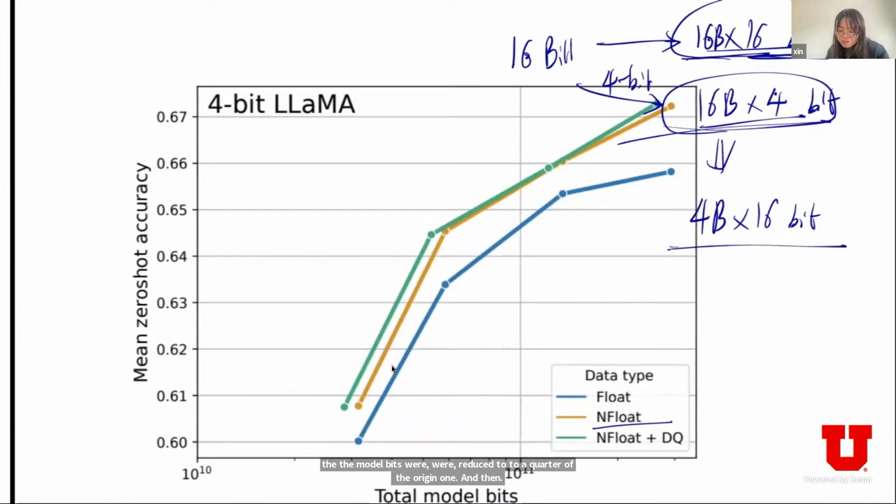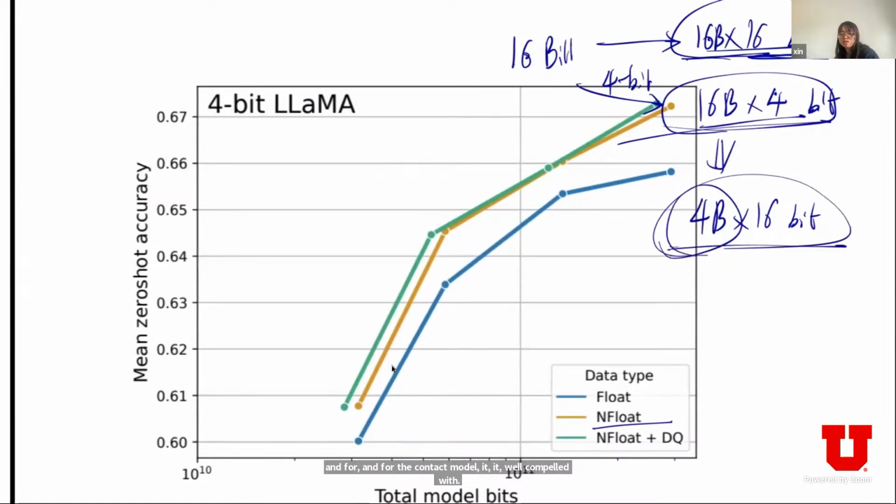So it will outperform the 4 billion model, not the original 16 billion model. What does the x-axis, the total model bits, correspond to? The original model size or the quantized model size?